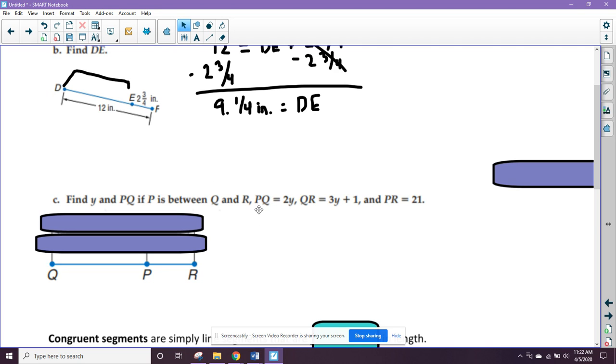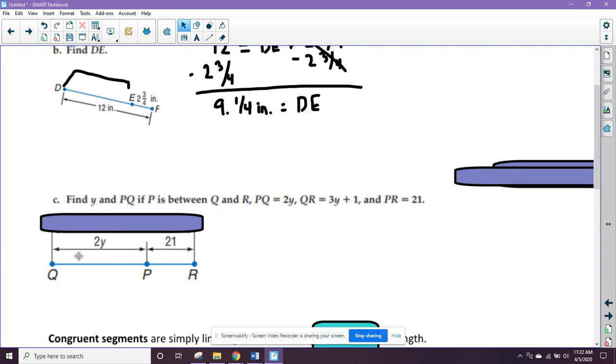It gives us PQ is 2Y. So, PQ is here to here, you would need to label it 2Y. QR, the full length, would be 3Y plus 1, and PR is 21, this length here.